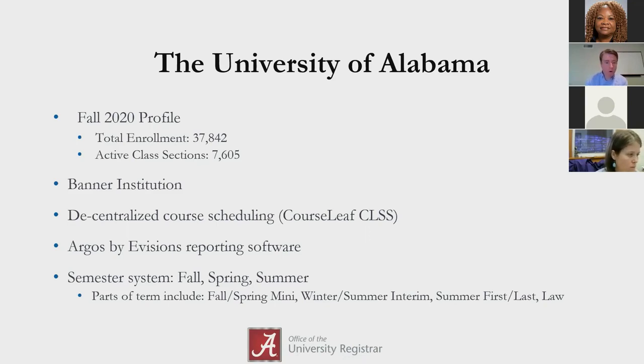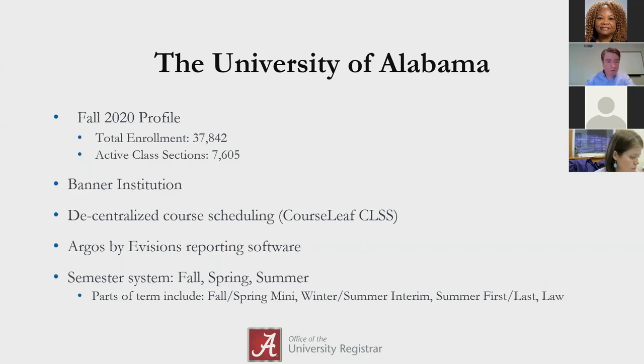We certainly roll the term and we resolve reports that display errors. But the colleges and departments themselves are responsible for building class sections, editing the schedule according to our timelines. We use Argos for our institutional reporting.